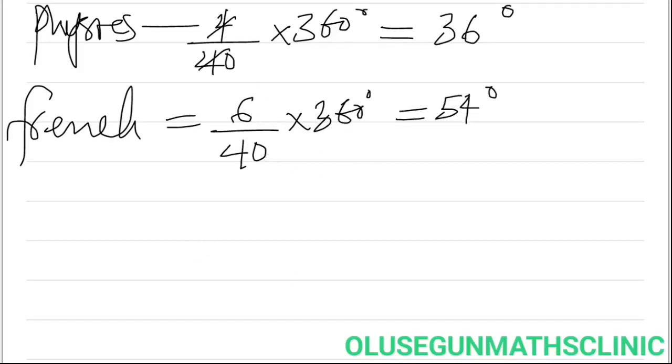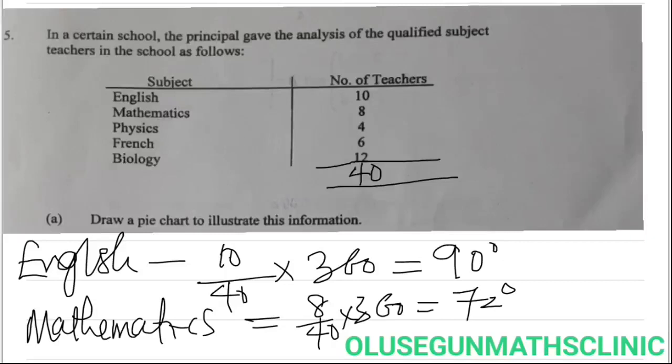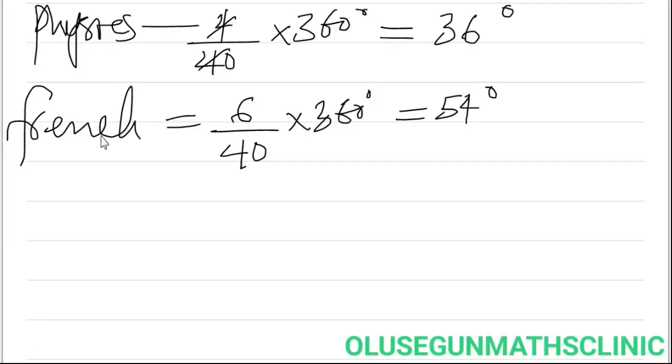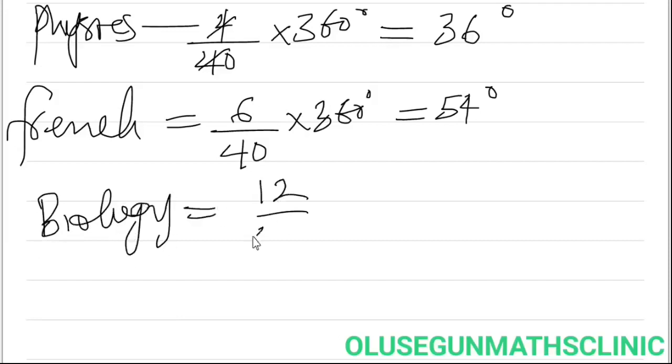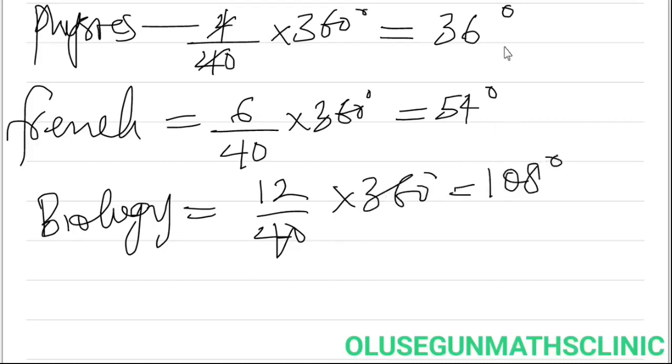So the last one, which is biology, is 12. Biology will be 12 over 40 times 360 degrees. So that should be 9 times 12, which is 108 degrees.